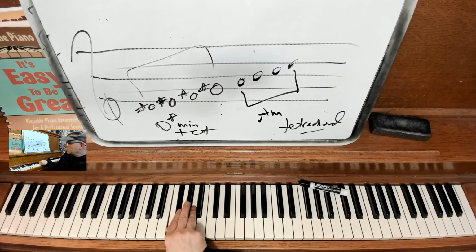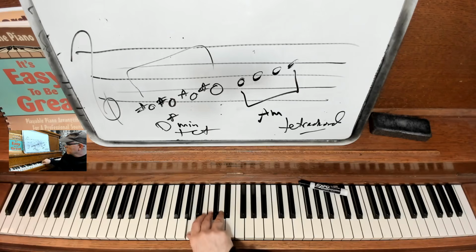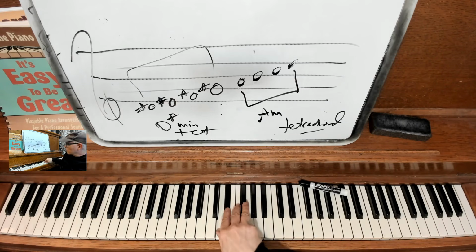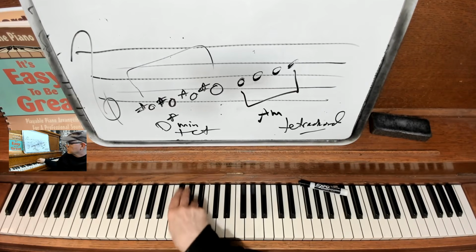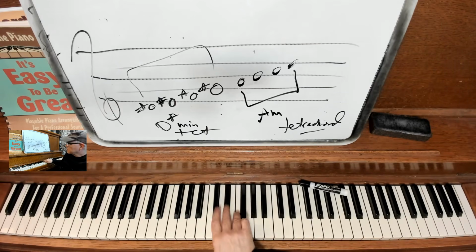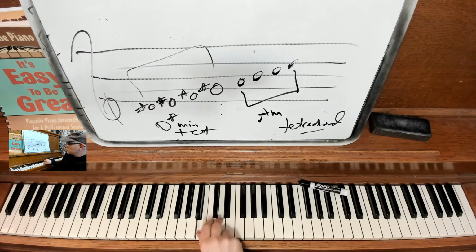So it changes. Perfect fourth, diminished fourth, perfect fourth, diminished fourth, perfect fourth, diminished fourth. It looks like a third, but it's not. It's E sharp, F sharp, G sharp, A are the notes. You should be able to go up the scale in thirds.